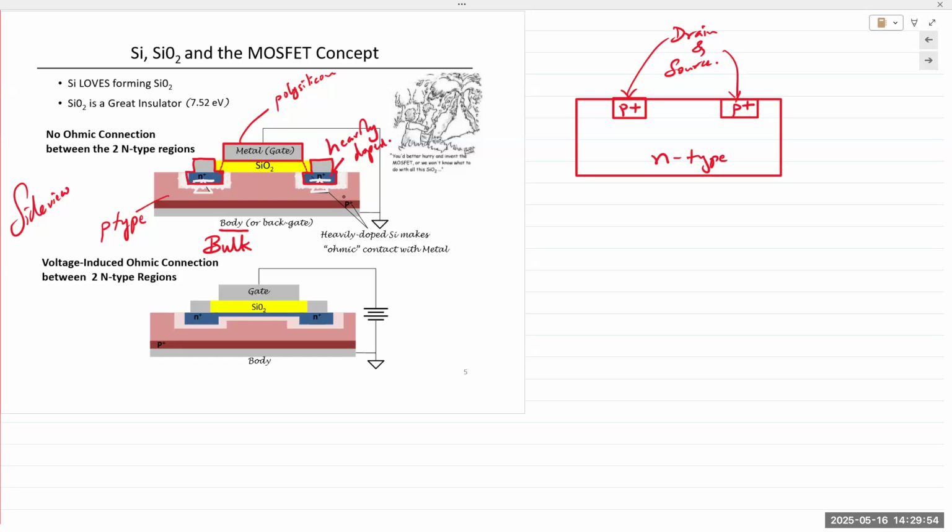Does that make sense? As shown on the image right now, the device is symmetrical. But most discrete ones, and especially the chip that we used in the lab, are not, because the body is connected to either the drain or the source. Yes, go ahead.